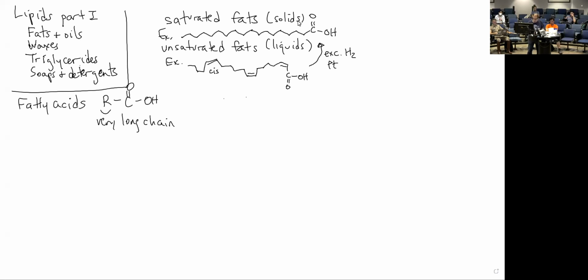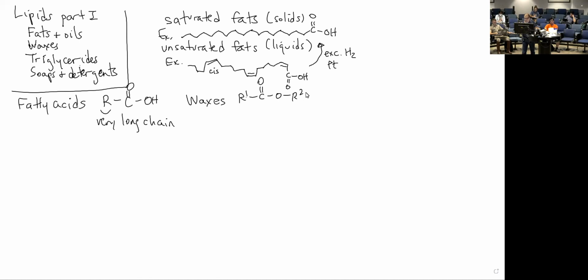Before we go on to triglycerides, though, I want to talk about something related to fatty acids, which is waxes. And you're familiar with beeswax and things like that. And there's other naturally occurring waxes. And they are, generally speaking, long chain esters of long chain fatty acids.